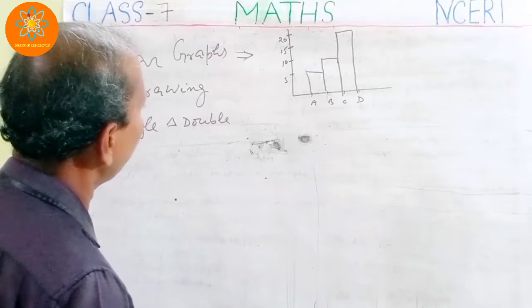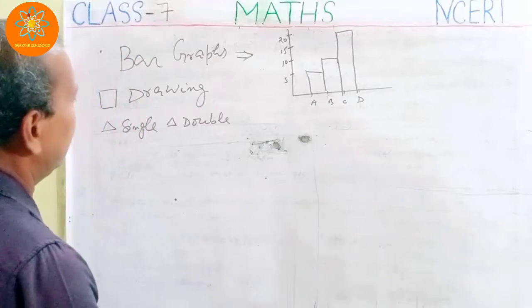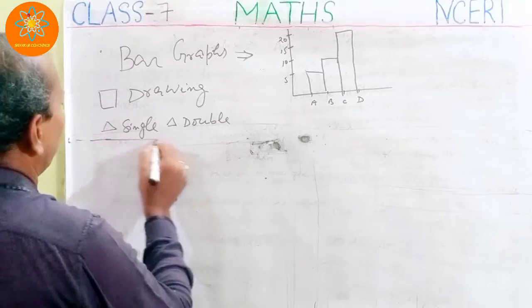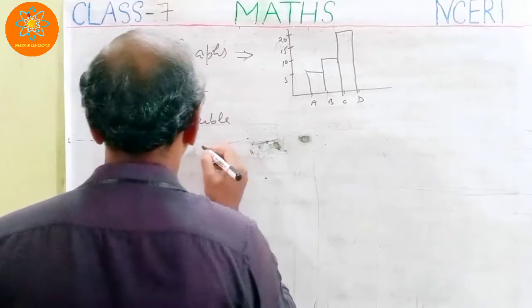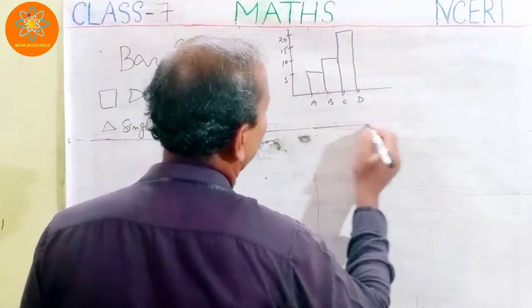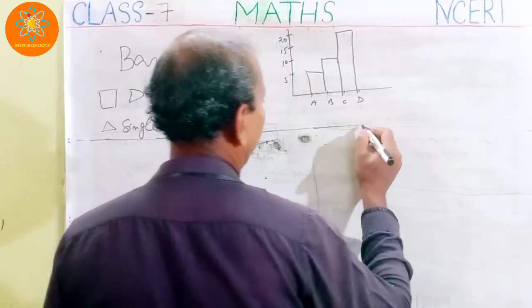Now, we will see two types of bar graph. One is the single bar graph, and the other one is the double bar graph.